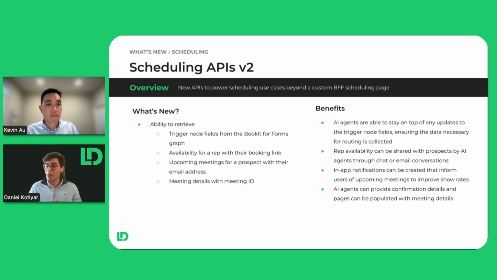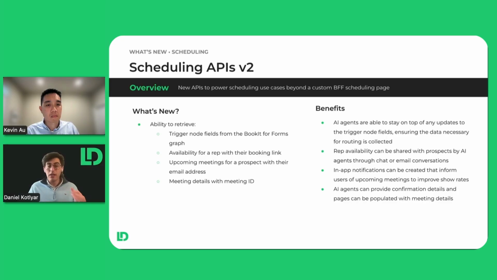Your agent will just be able to directly query your book of forms graph and the trigger node that you like in order to get those inputs right away. So that just removes some configuration on our customers' end and keeps the AI agent totally up to date.